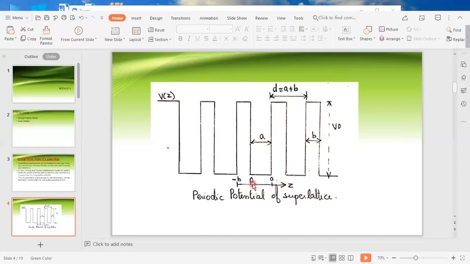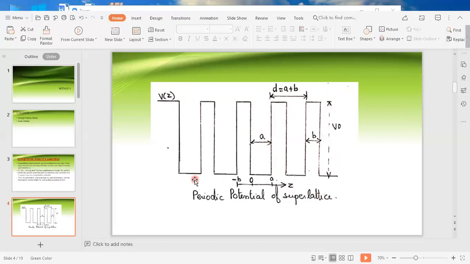So 0 to A lies in the positive z-axis, which is the thickness of the potential well, and the thickness of the barrier lies in the negative z-axis, from 0 to minus B. Another thing to be noted here is inside the well the potential is 0, but outside the well, that means in the barrier, the potential is equal to the barrier height V0.